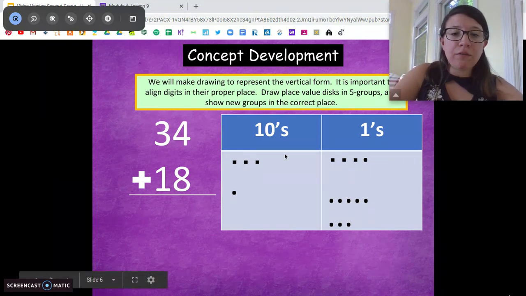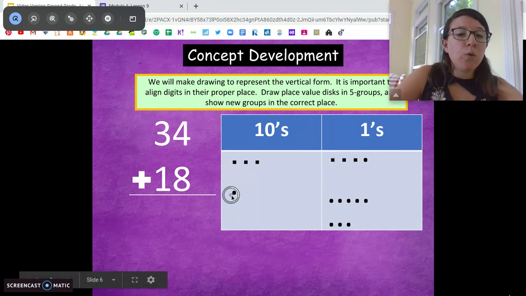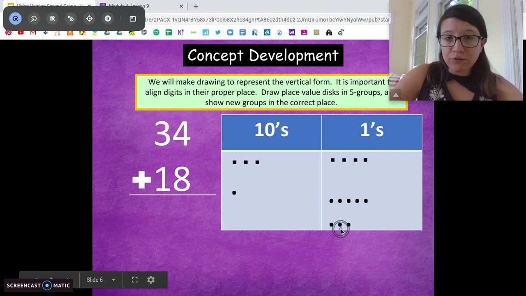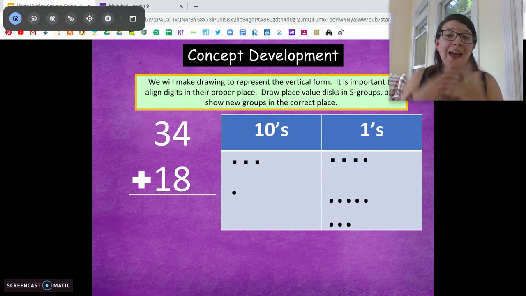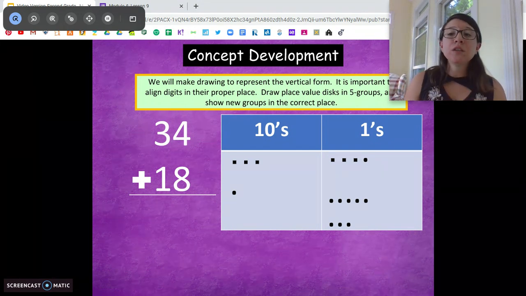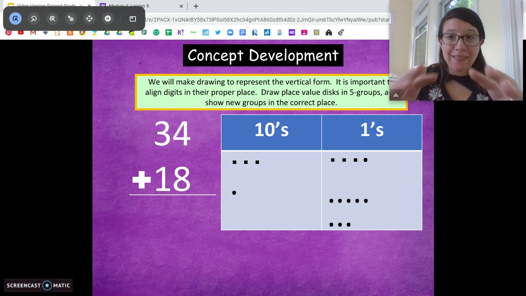So see how we have 34, 3 tens, 4 ones, and 18 down here is 1 ten, 8 ones. See how I lined up my 8 into 5 groups? That way it's easy for us to see what the number is and how we can group to make 10.